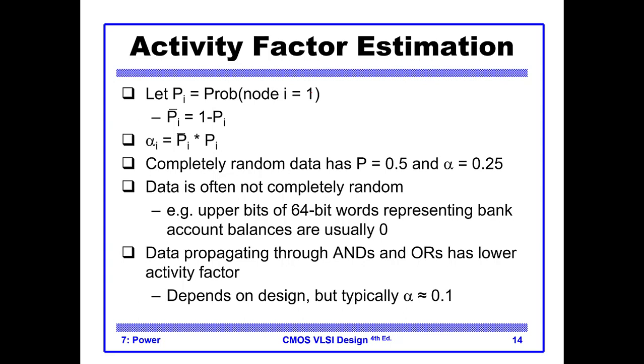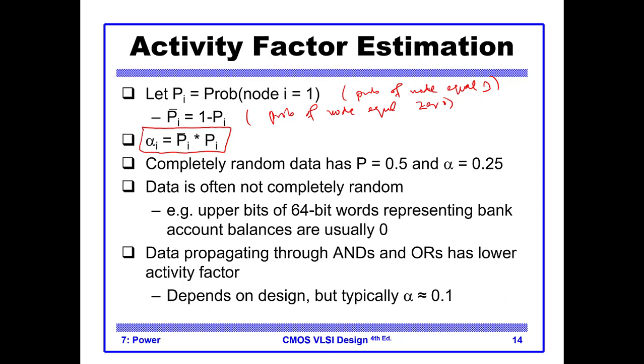So this is the probability of node equal 1. The probability of node equal 0 is 1 minus Pi. And then we have another important equation: the switching activity is basically the probability of a node being 1 multiplied by the probability of a node being 0.